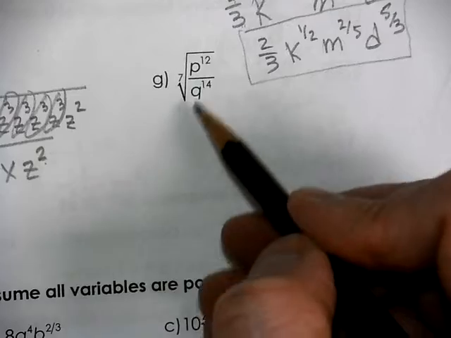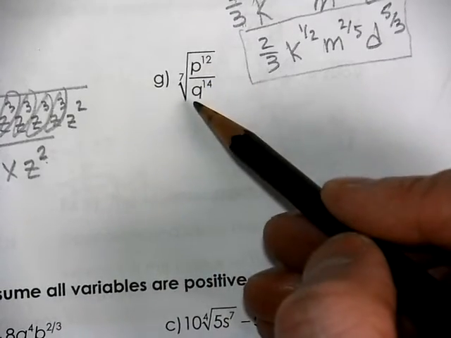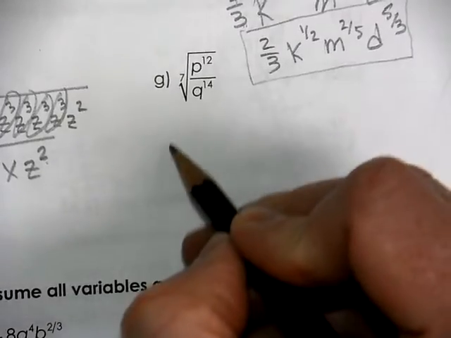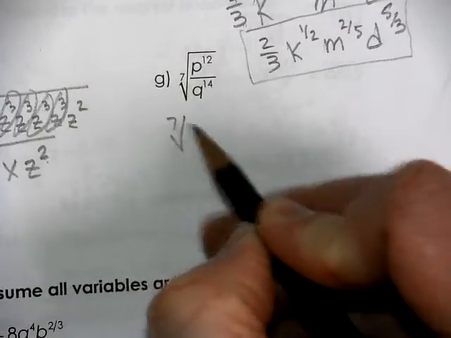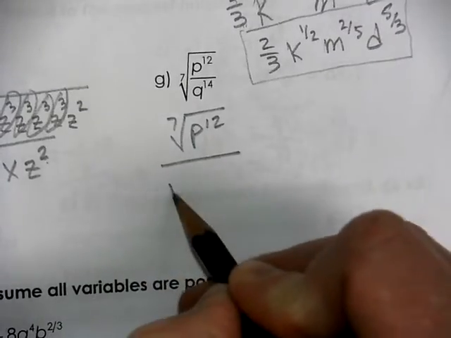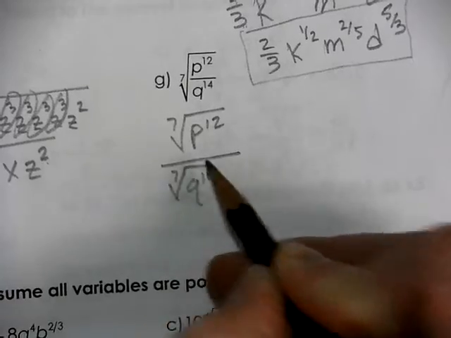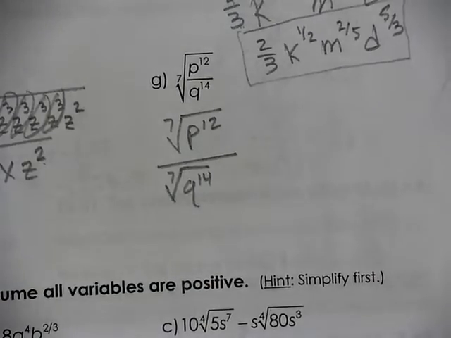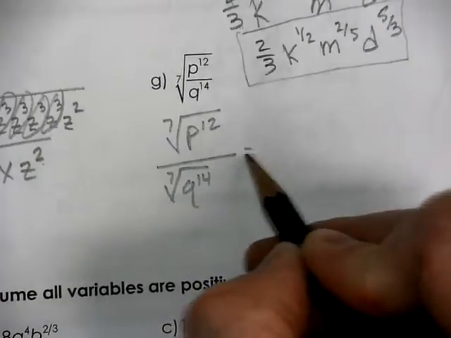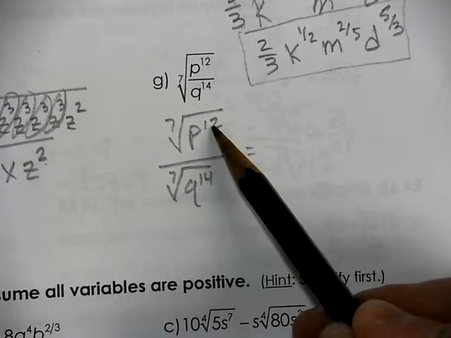So when we're here, notice the variables are different. So we're actually going to think about them as 2 different radicals. So one way to think about it is 7 goes into 12 one time.